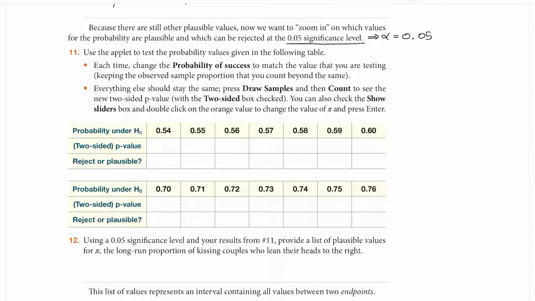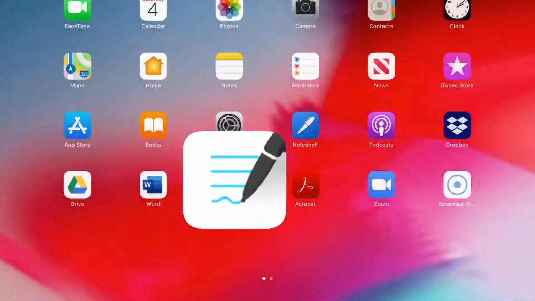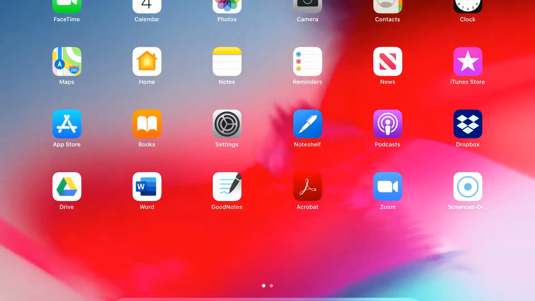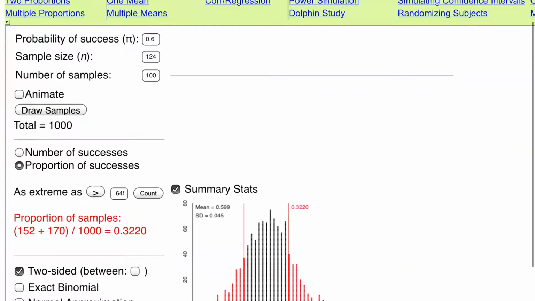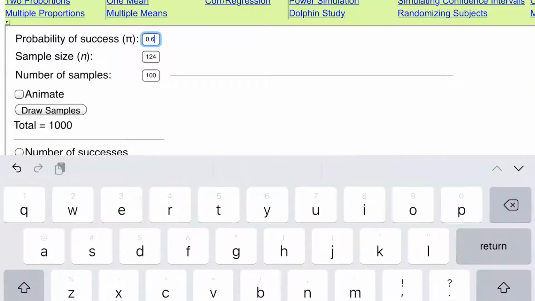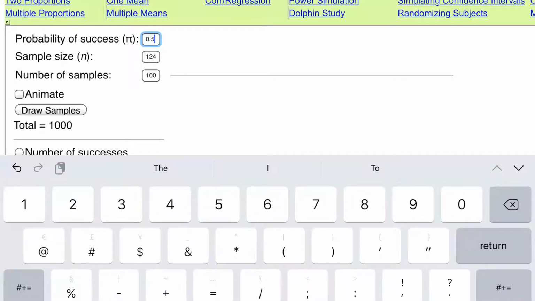All we're going to do each time is change the probability of success to match the value that you're testing, and that's in the top row of these tables. And then everything else should stay the same. So for example, our first probability that we're testing under the null hypothesis is 0.54. So we want to know whether 0.54 is a plausible value.